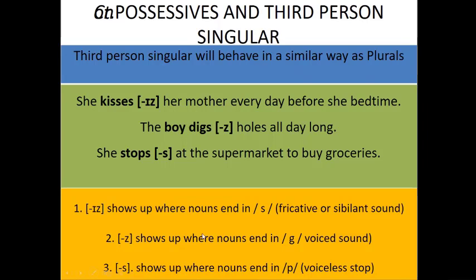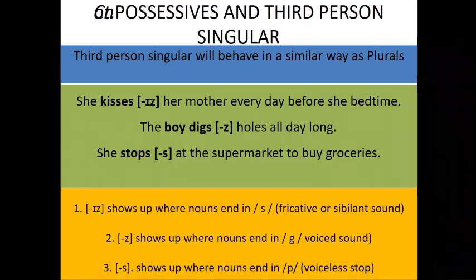Fine. So here are the reasons. Iz shows up where the verb ends in a fricative. It shouldn't say noun, that is my mistake. It should be a verb because we're dealing with third person singular. We're looking at the verb that shows third person, so it always ends with an s.